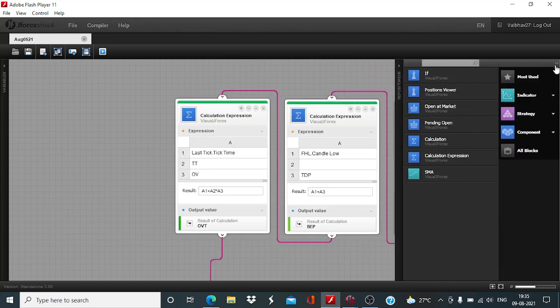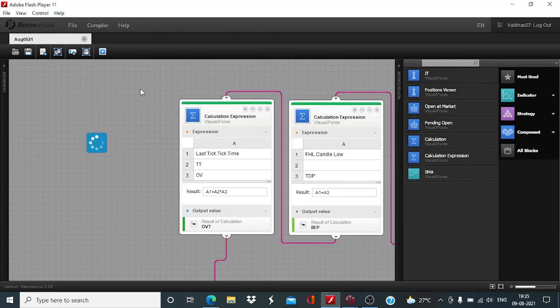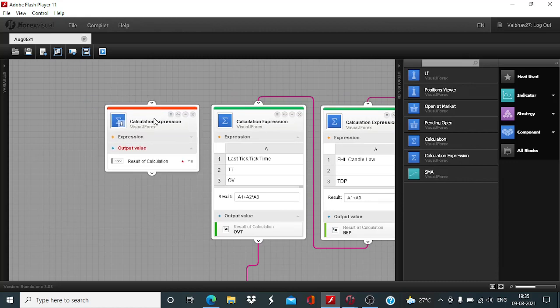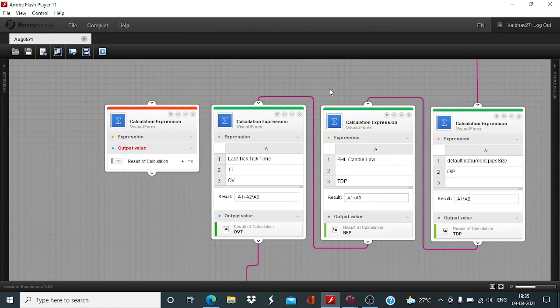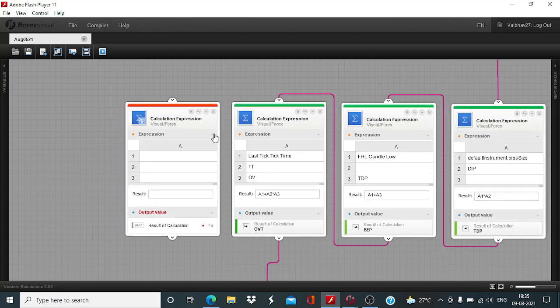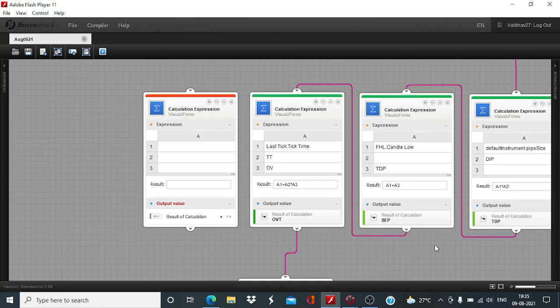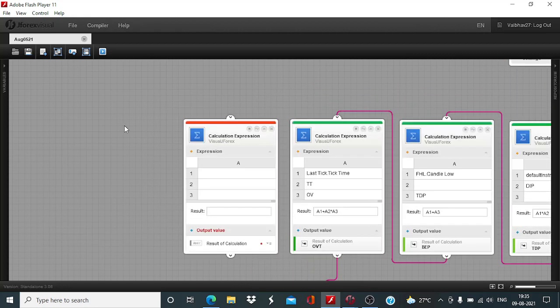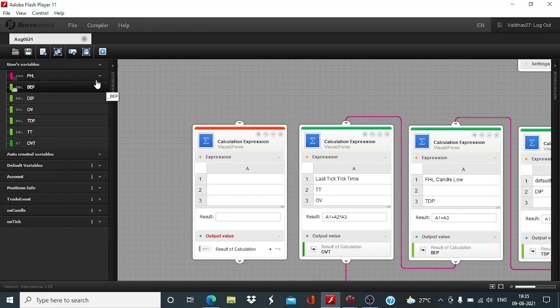So I will have to take a calculation expression block. We will need the last 16 hours candle high. So the FHL candle high will need to be added.